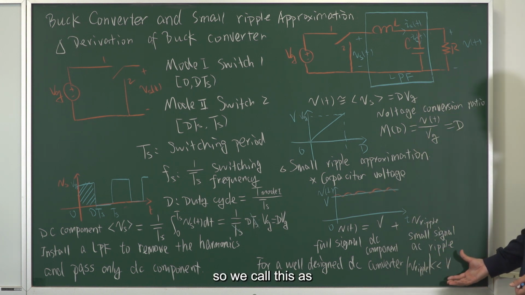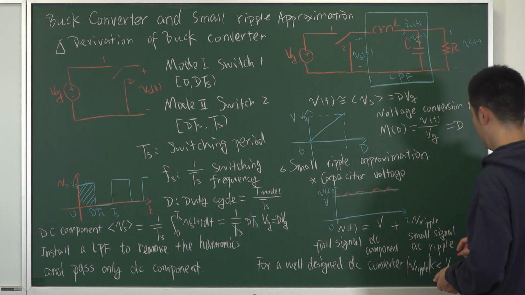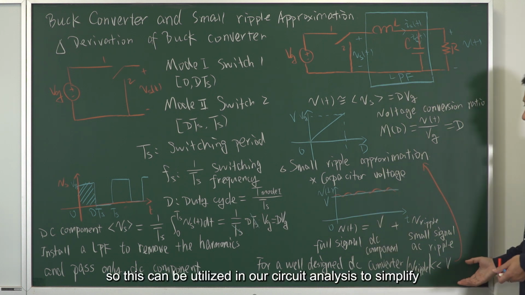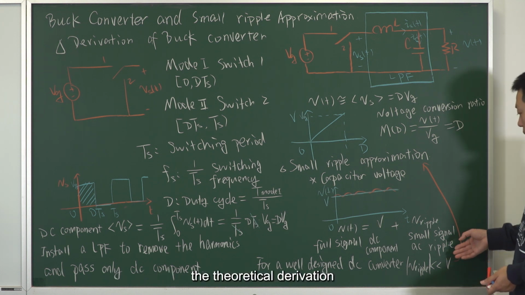We call this the small ripple approximation. This can be utilized in our circuit analysis to simplify the theoretical derivation.